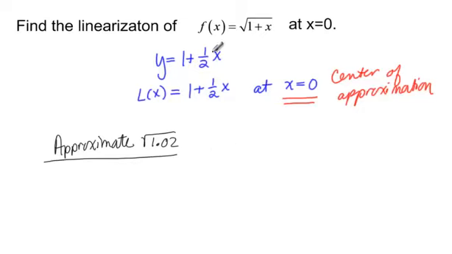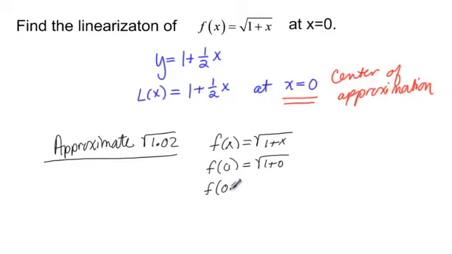But if we look at our function, if we know f of x equals the square root of 1 plus x, we could say that f of 0 would be the square root of 1 plus 0, and f of 0.02 would equal the square root of 1 plus 0.02, which is the square root of 1.02, which is exactly what we're looking for right here.